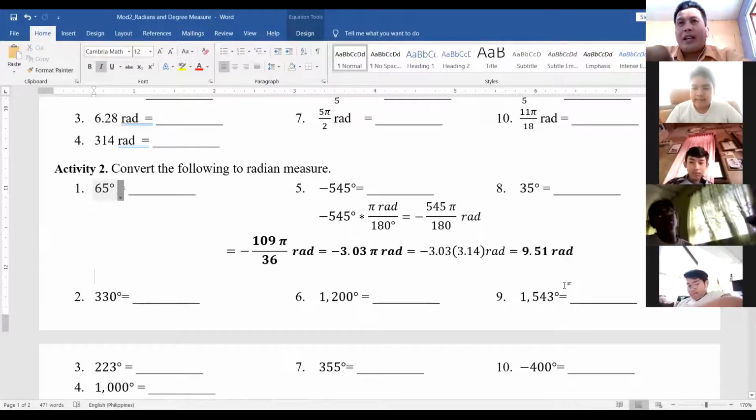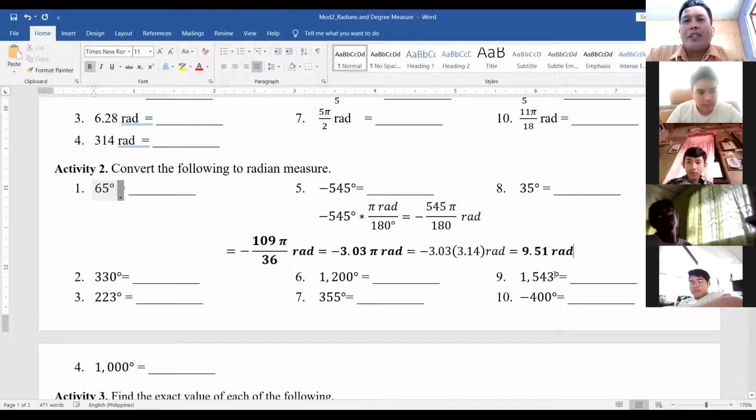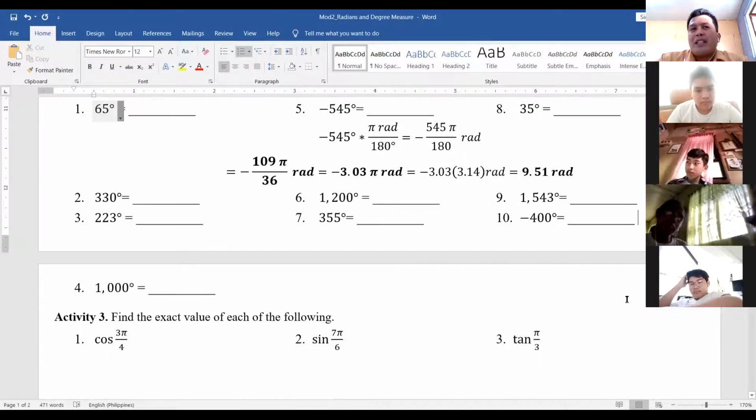Because if I were to give you some thoughts on the previous batch on this lesson, everyone, when I gave them the summative test, was perfect. Because it's just as simple as conversion.